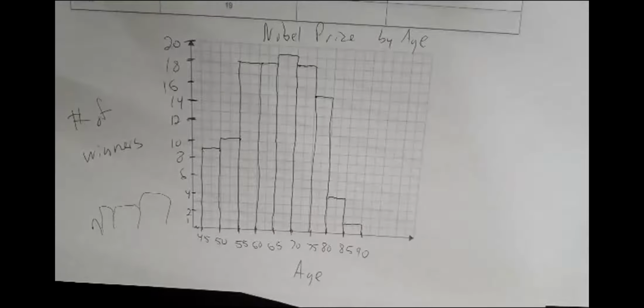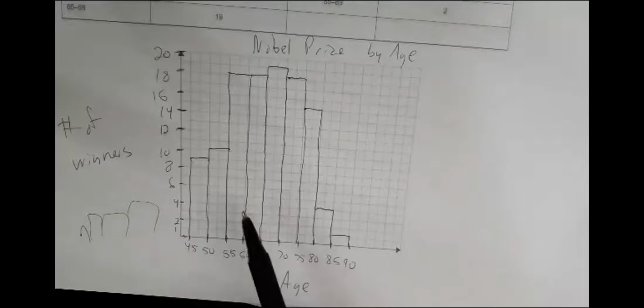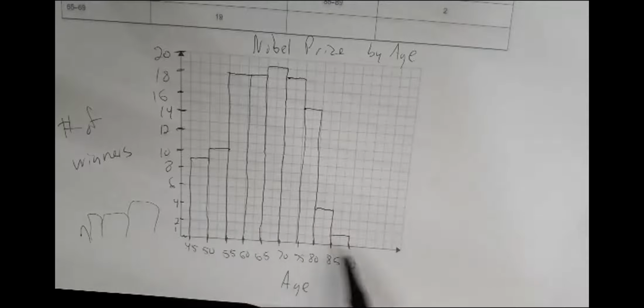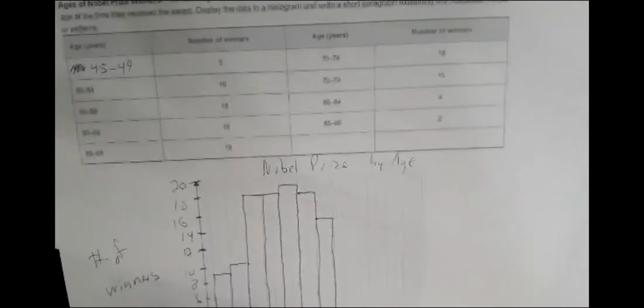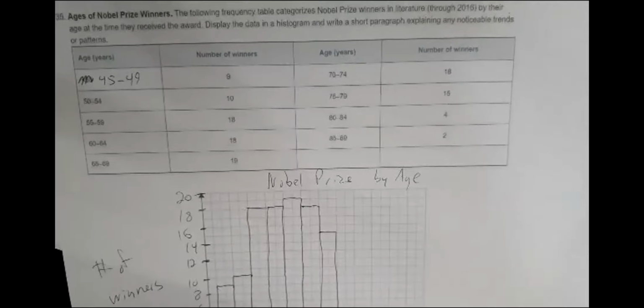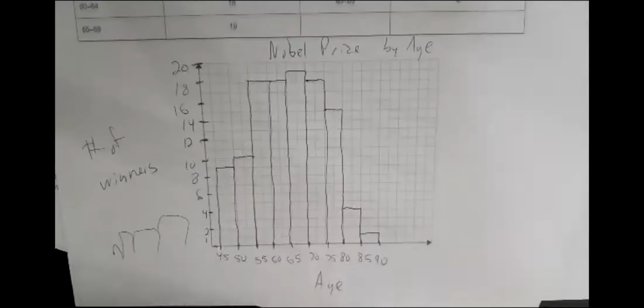So with that said, I think the trend that they're wanting you to recognize is that most people are falling within this range, and then it kind of falls off in this direction. So most people are winning the Nobel Prize in their 50s and 60s, right? Up to the 80s.